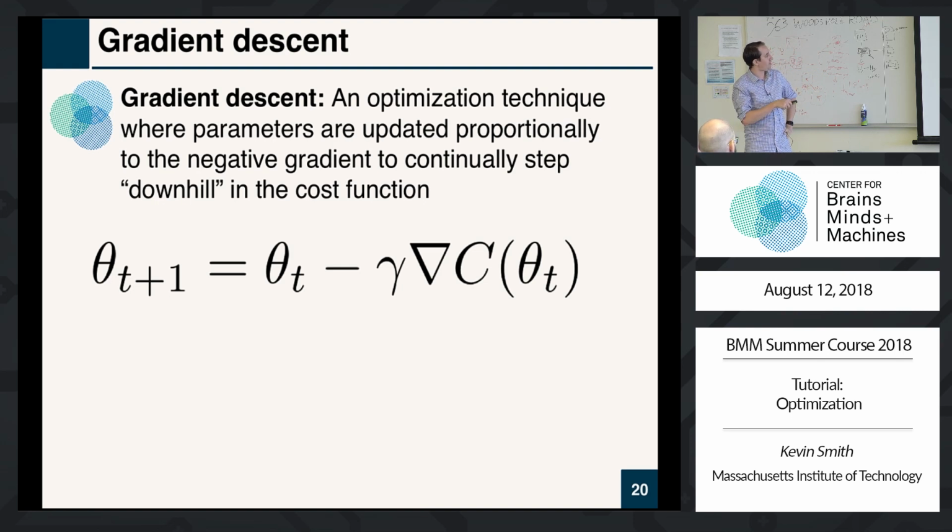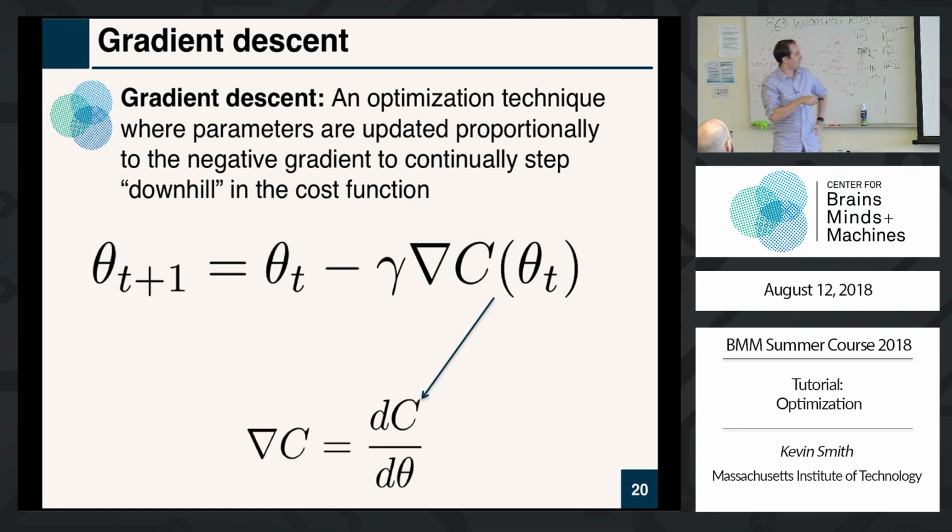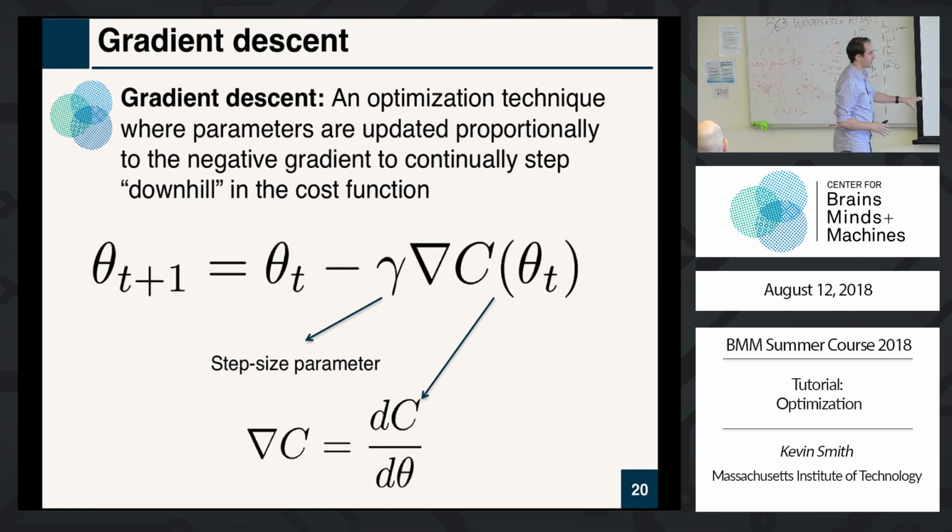The parameters you want to check at time t plus 1 are the parameters you had the last time minus the gradient, and the gradient is just defined as the slope or the derivative of the cost function with respect to the parameter, times some step size parameter. For now, we're just going to assume it's arbitrarily chosen. There's a lot more complex techniques to adaptively set this that are outside of the scope of this lecture. But you just keep repeating this process until you get to the bottom.